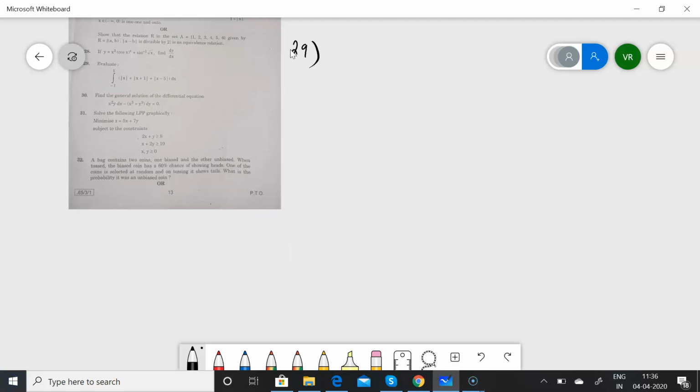29th question. Evaluate the integral from minus 1 to 5 of modulus of x plus modulus of x plus 1 plus modulus of x minus 5 dx. Now we can split the intervals as minus 1 lesser than equal to x lesser than equal to 0.